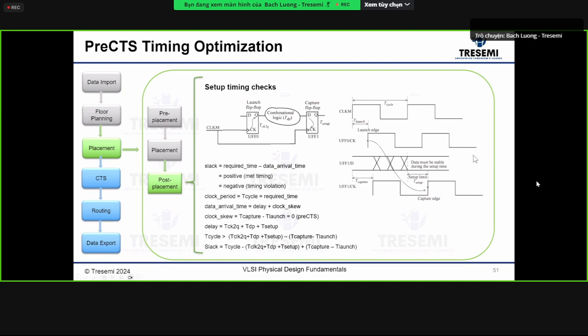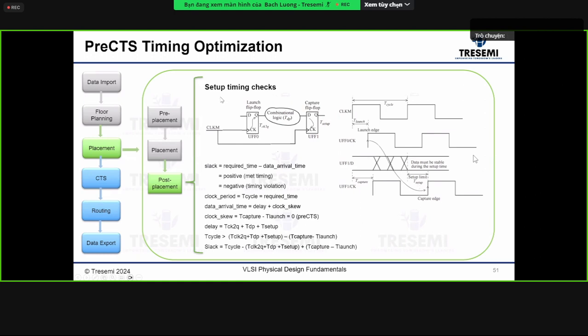Basically, setup time is a requirement in a flop that the data must be stable before the clock edge. Right here is the setup time requirement. The data can't change within that period of time. This guarantees that the flop will latch the correct data on the output. So that's setup time.